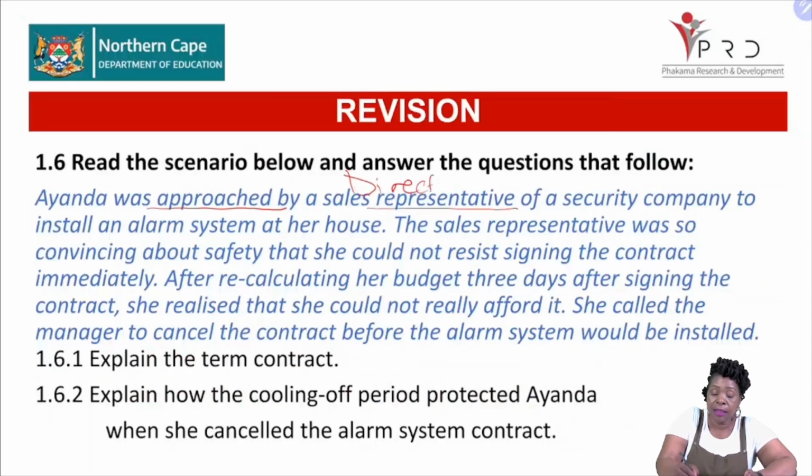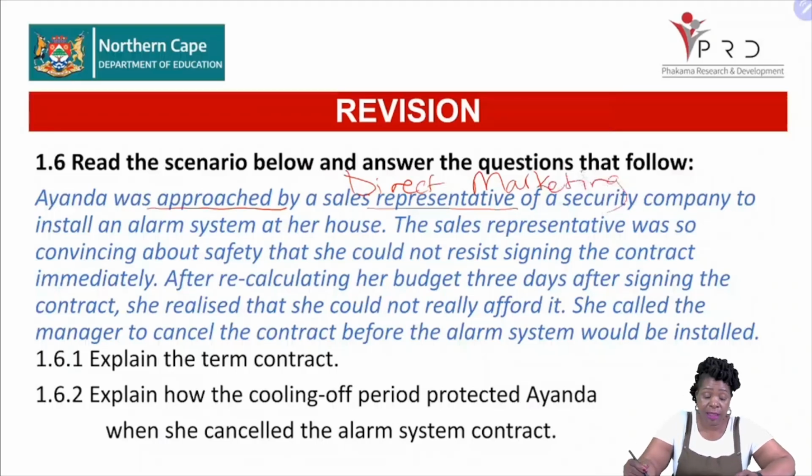That is direct marketing. So direct marketing is when sales representatives approach you physically, through a telephone call, an email or an SMS, and then you decide to sign a contract with them.